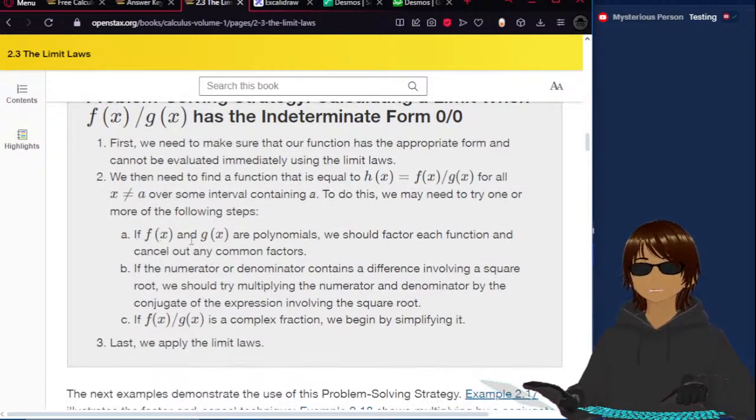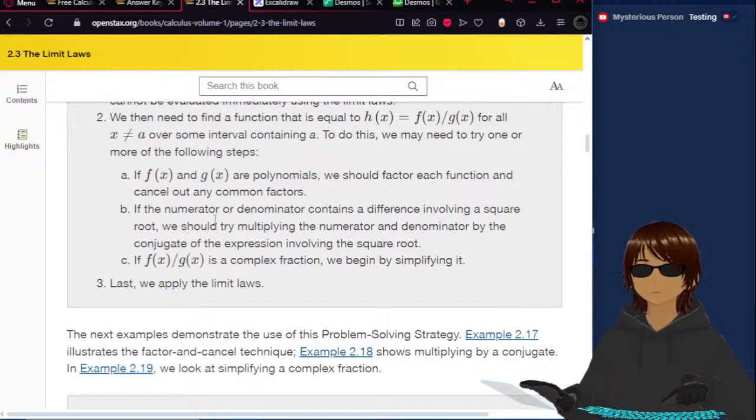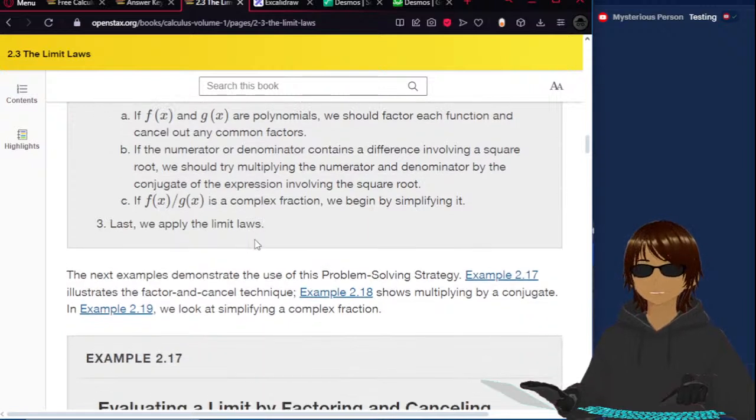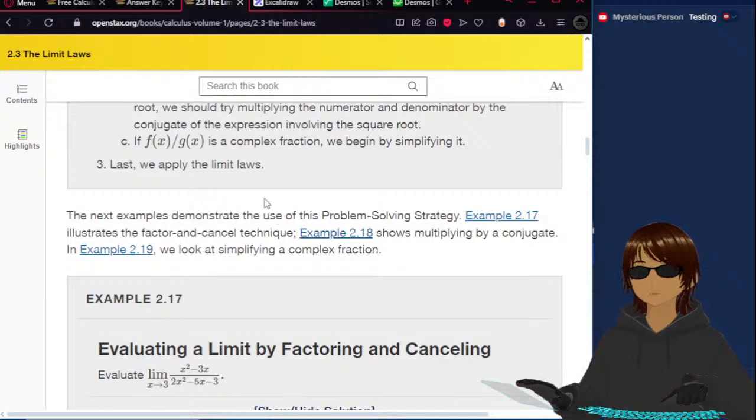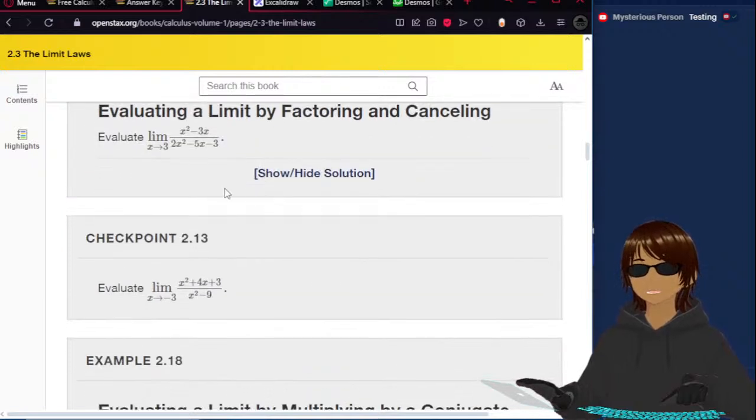If f of x and g of x are polynomials, you should factor each function and cancel out any common factor. If the numerator or denominator contains a difference involving a square root, we should try multiplying the numerator and denominator by the conjugate of the expression involving the square root. If f of x over g of x is a complex fraction, we begin by simplifying it.